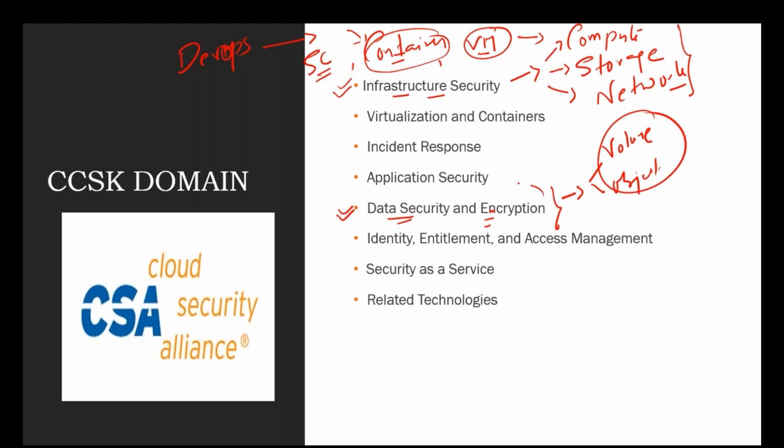Remember, encryption is one of the major controls available on the cloud, whether you are creating, storing, transmitting, or destroying the data. In all of these phases, encryption will play an important role. Now remember, you are storing data in a third-party environment, so you don't have control to destroy their hard disk.